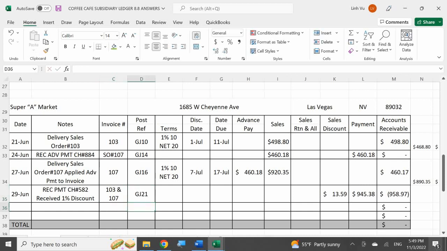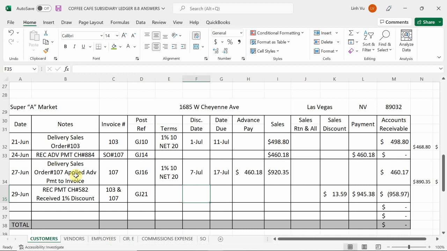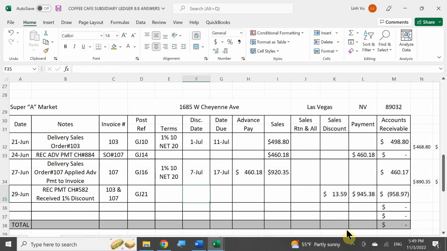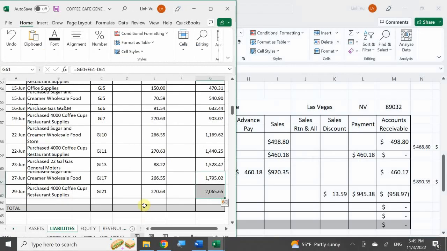General Journal 21. And there you go. Now Super A Market doesn't owe me anything. And I can now go ahead and update the rest of my ledger accounts.